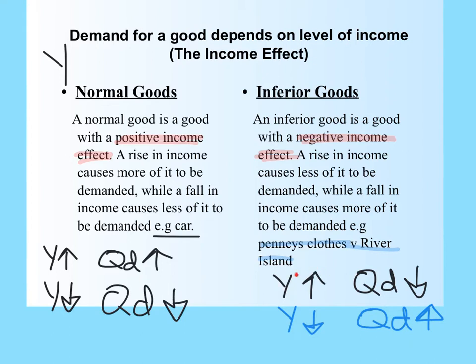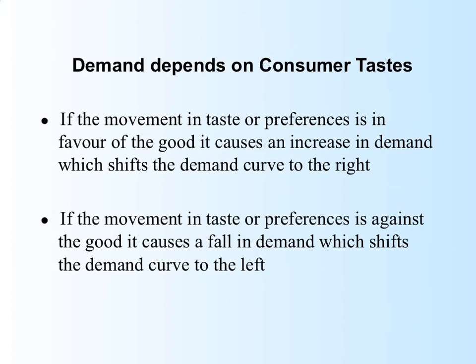If your income increases, you're not going to buy the cheap version in Pennies. You'll go to JD and buy your runners there. Similarly, if your income decreases, you're going to increase your quantity demanded of Pennies clothes because that's all you can afford.